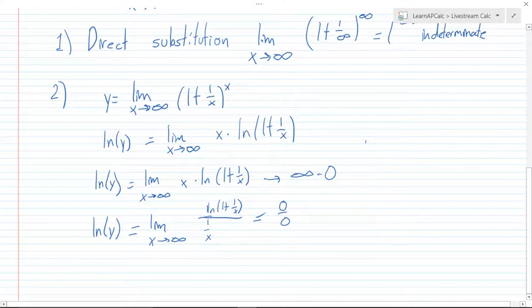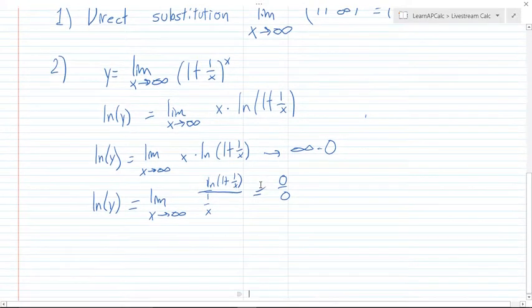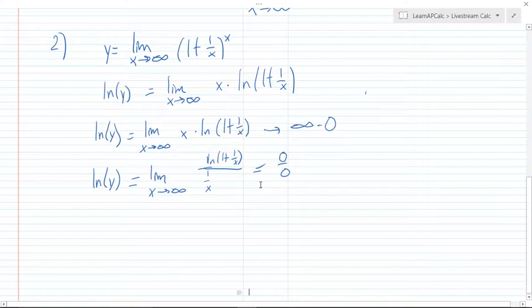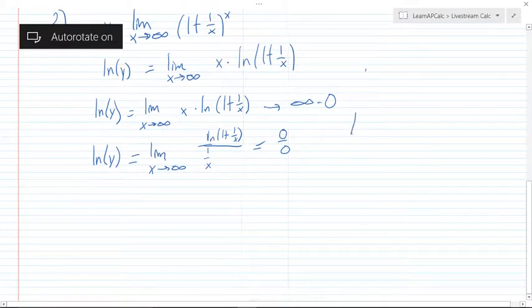So now we can do L'Hopital's rule. That's sort of an easy step to get stuck at, where you have infinity times 0, which is again another indeterminate form, but you can actually do L'Hopital's rule.